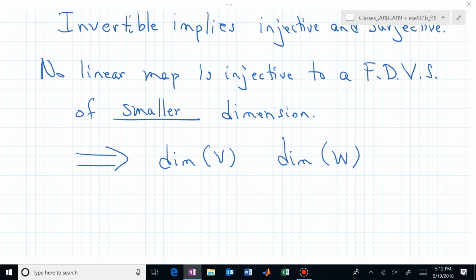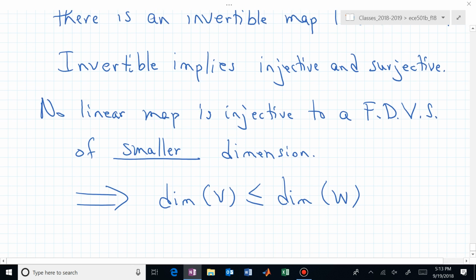The input vector space has to be less than or equal to the output vector space if it's going to be an injective map. Is that okay? So the dimension of the input space is less than or equal to the dimension of the output vector space. It's said a little weird, but here we're saying no linear map is injective to a finite dimensional vector space of smaller dimension. So W has to be bigger than V, at least.